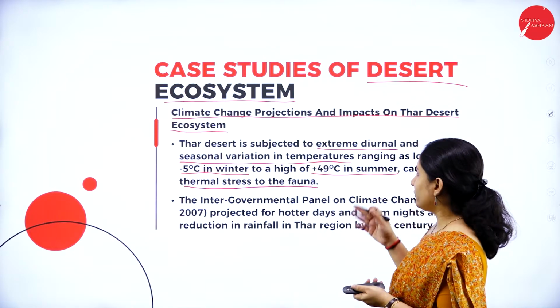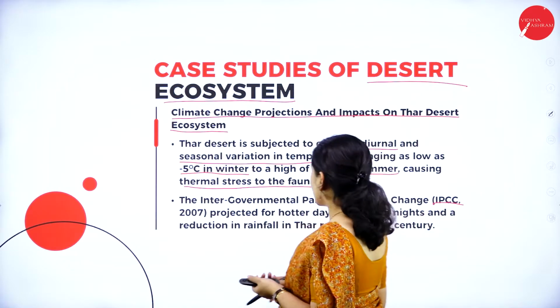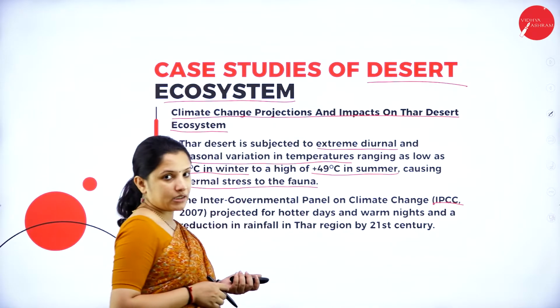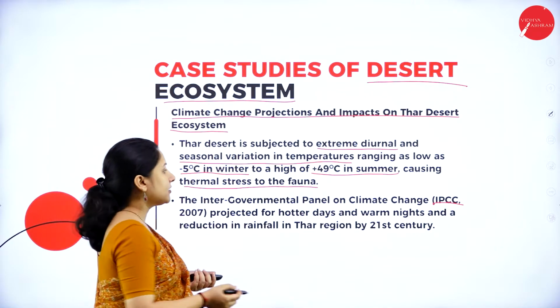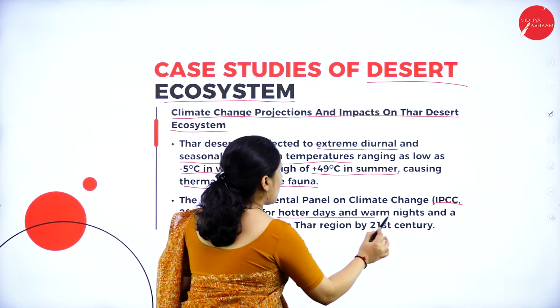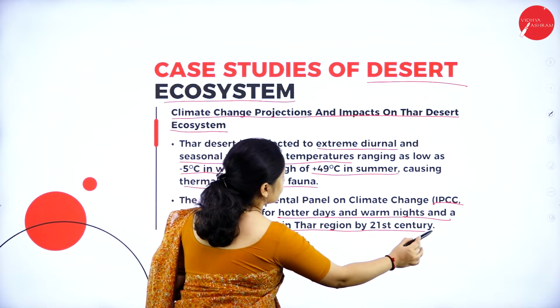The Intergovernmental Panel on Climate Change, which is called the IPCC, in the year 2007 predicted hotter days and warm nights and a reduction in rainfall in the Thar region by the 21st century.